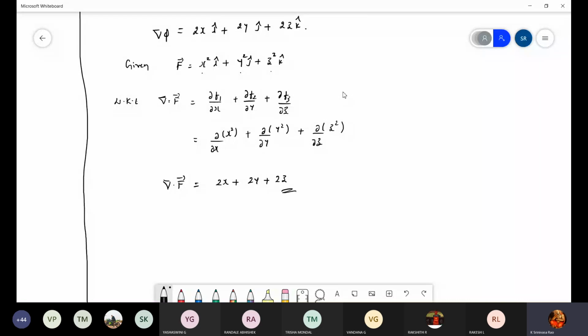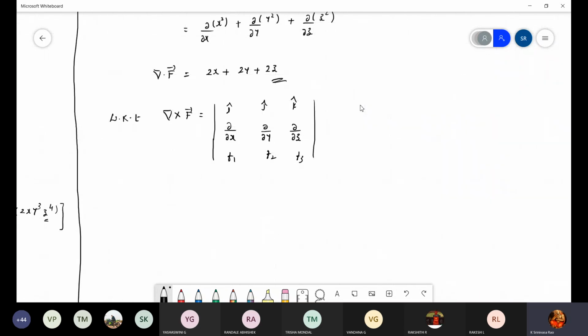Now curl f. Again, we know that curl f equals determinant of i, j, k, dou by dou x, dou by dou y, dou by dou z, f1, f2, f3. Or you can substitute what is f1, f2, f3 directly.